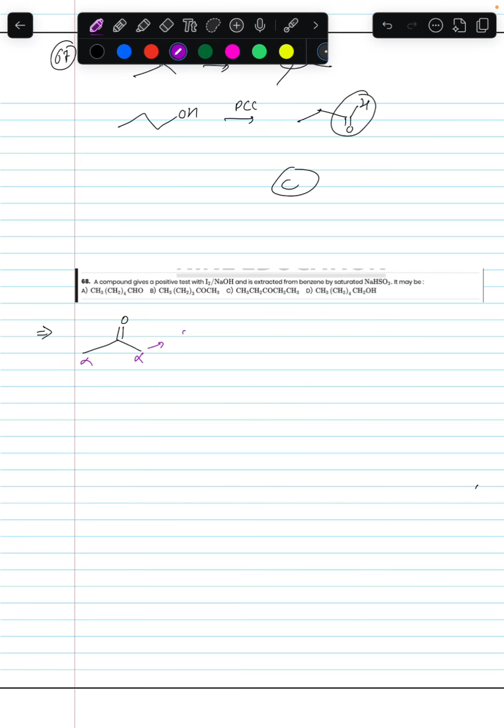The first option is CH3, then 4 CH2, then C double bond O H. This is an aldehyde group with 2 hydrogens, so it does not give the iodoform test. Second, CH3, then 3 CH2, then C double bond O CH3. It contains 3 hydrogens, so that will give the iodoform test.